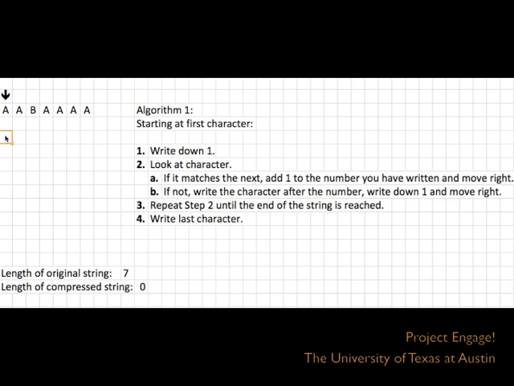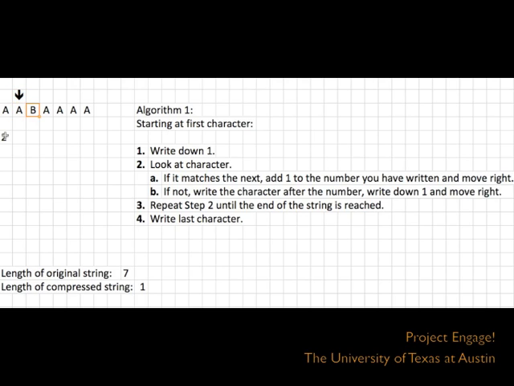Starting at the first character, write down a 1. Look at the character. If it matches the next, which it does, we're going to add 1 to the number that we have written and move right. And then repeat step 2 until the end of the string is reached. So look at the character.